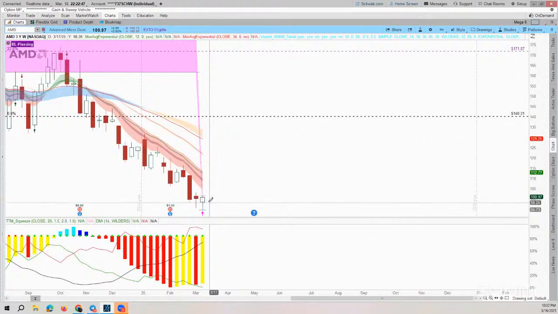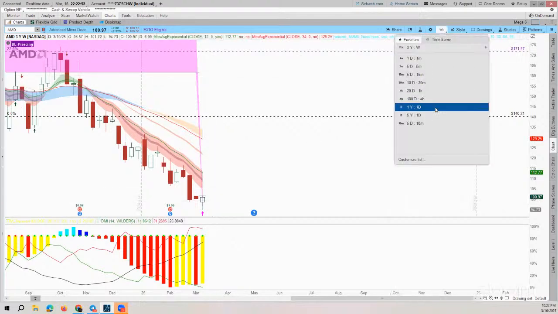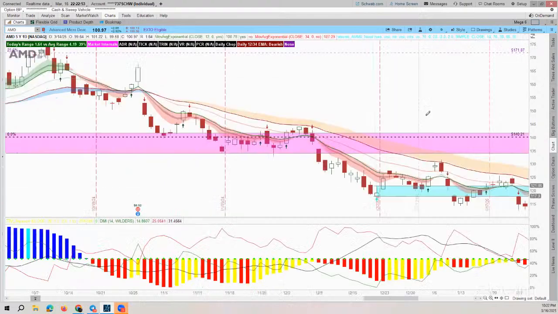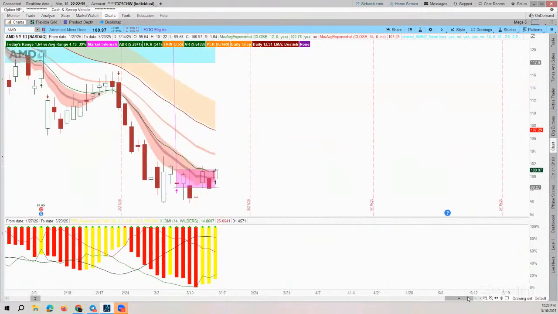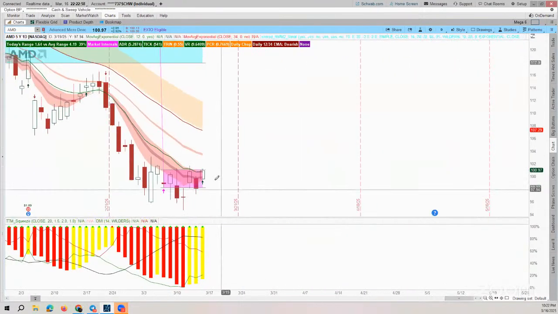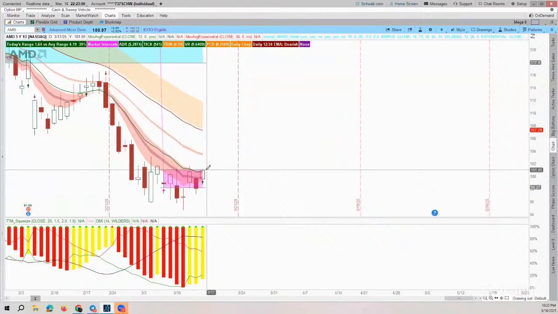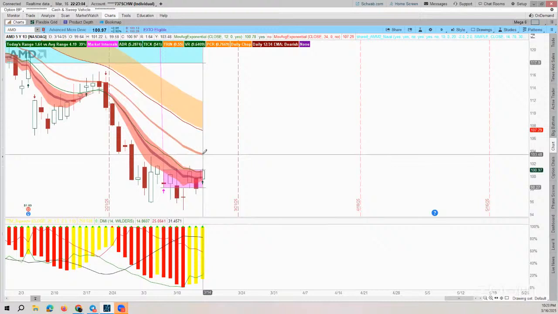If it breaks 99, this theory fails and it will continue to go down. And if it can be a buy at that area, look for momentum towards 101, 103.50. So AMD with 99 stop loss, look for 101, 103.50.